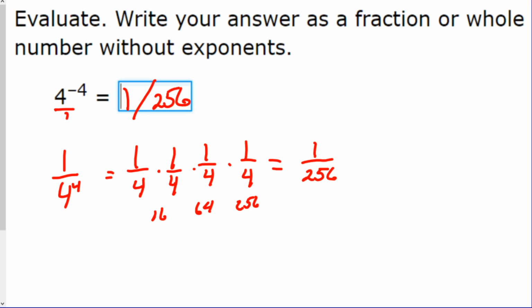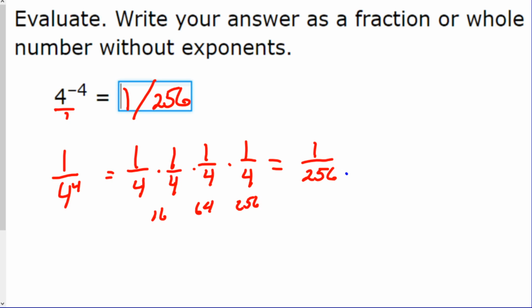Now, if you type this in the calculator, you may end up with a decimal, and you're not going to be able to do that. So if you struggle with doing this, you could easily write it all out on your paper when you're working it out by hand, and then you could multiply 4 times 4 times 4 times 4 in a calculator to get 256, and then type your answer in this way.